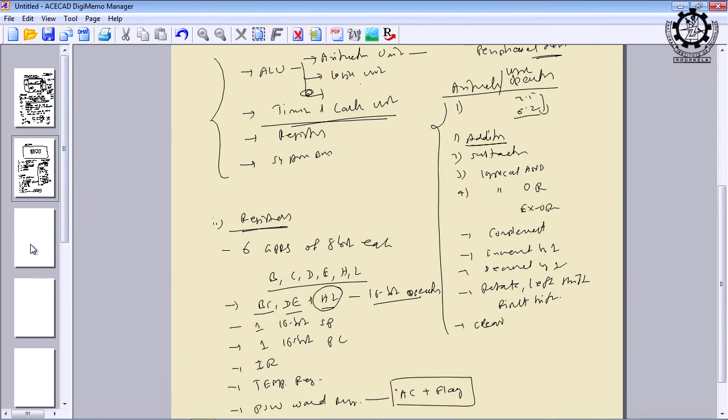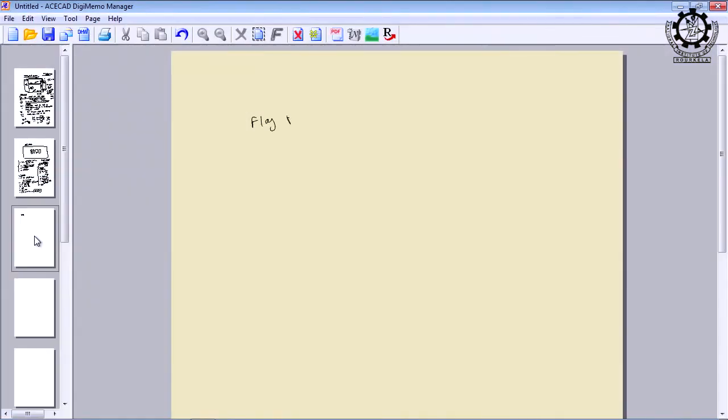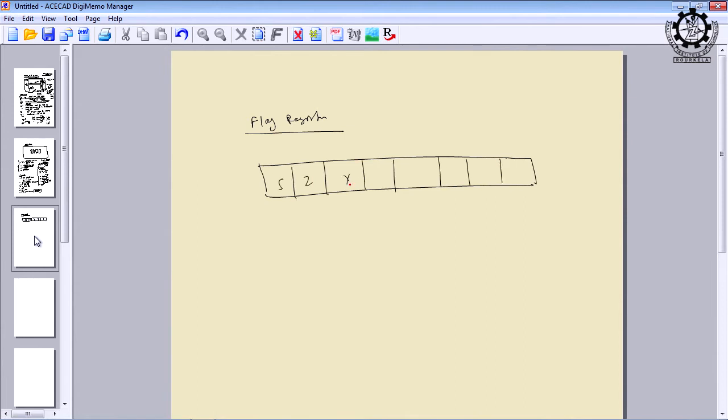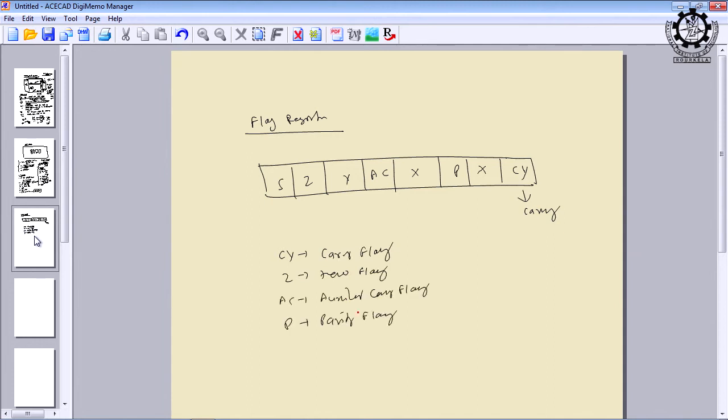Okay, these are available on the net, or if you follow the book, it is available already. So, what is the flag register? So, these are the exact positions of the different 5 flags.